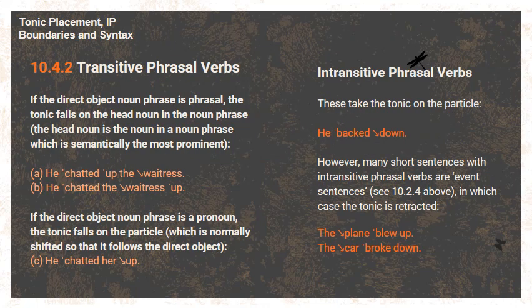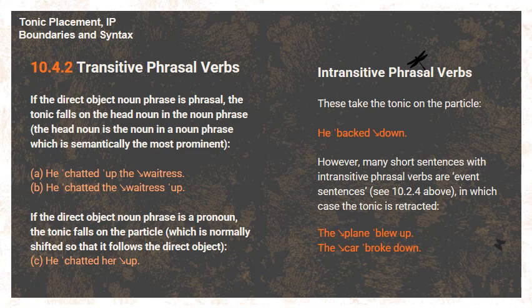Transitive phrasal verbs. If the direct object noun phrase is phrasal, the tonic falls on the head noun in the noun phrase. The head noun is the noun in a noun phrase which is semantically the most prominent. For example, he cheated up the waiters.